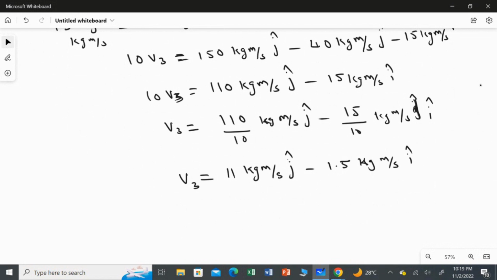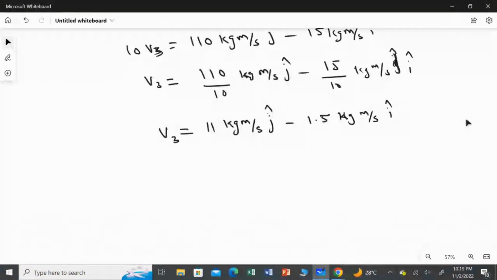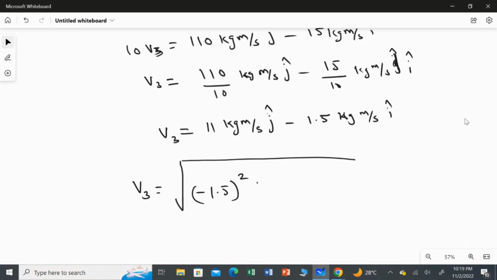So how can we find the speed? By taking the magnitude. We already studied the formula for the magnitude in chapter number 3. The x component squared plus the y component squared, after that you take the square root, and you will get the answer. Am I right? So for finding the magnitude of the third speed, I am going to take the square root of the x component squared, which is minus 1.5 the whole square, plus the y component squared, which is 11 squared.